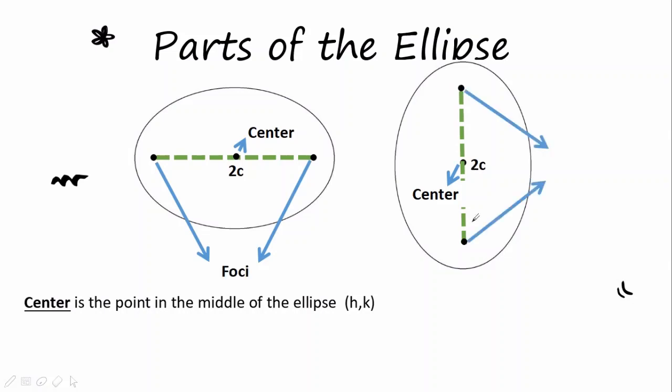we have 2 points here, which are in the upper part and the lower part, that are called foci. So you can call it foci or foci, it's up to you. And when we say foci, this is the plural form of focus. So meaning in the ellipse, we have two focus.